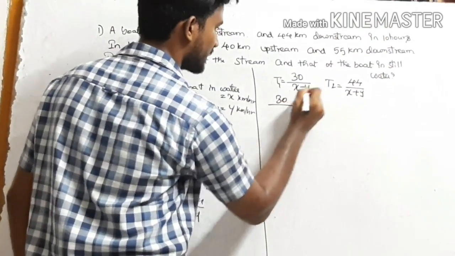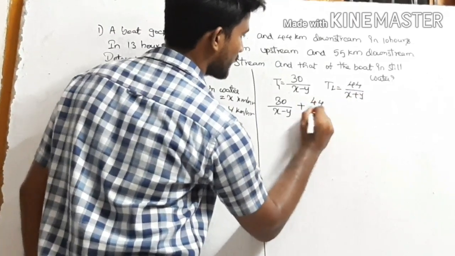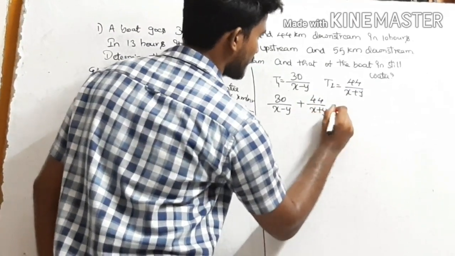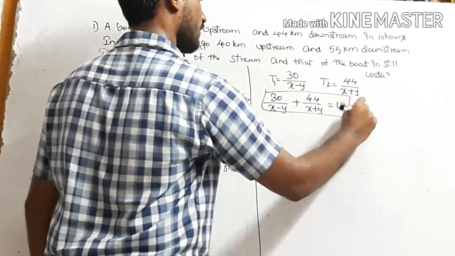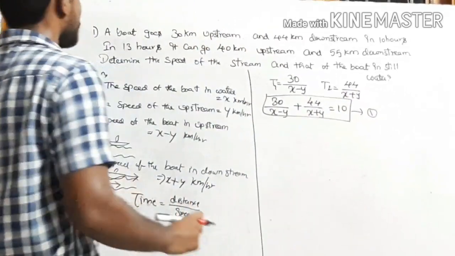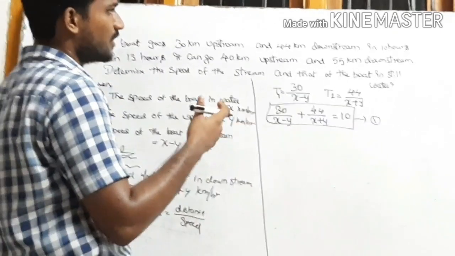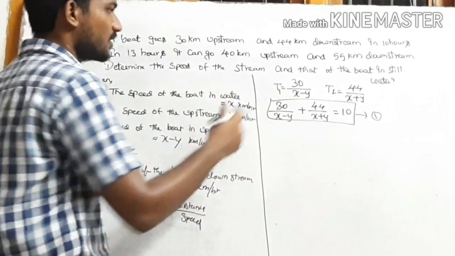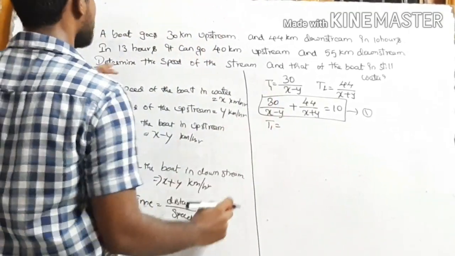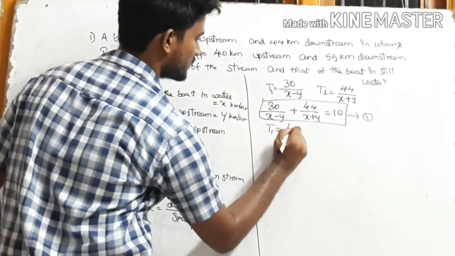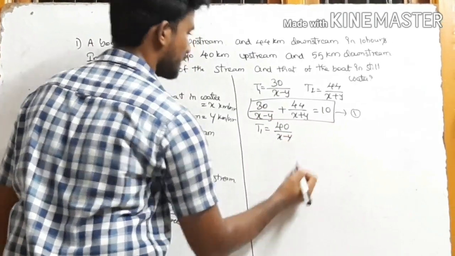Then you can write 30 by x minus y plus 44 by x plus y equals 10. This is the first equation. In 13 hours, it can go 40 kilometers upstream and 55 kilometers downstream. Similarly, t1 is distance 40 kilometers in the upstream, speed x minus y.